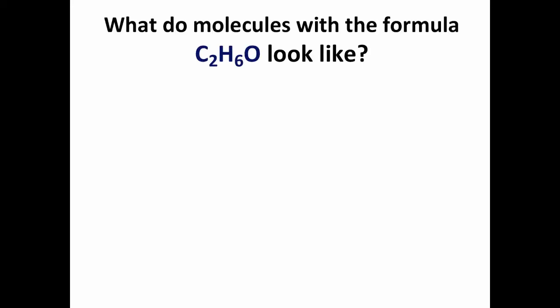Now, one other thing worth noting is, what would you do if you were given the question, what do molecules with the formula C2H6O look like? Well, you know they're going to have 2 carbon atoms, 6 hydrogen atoms, and an oxygen atom. And if you were told that carbon always makes 4 bonds, hydrogen always makes 1 bond, and oxygen always makes 2 bonds, you would probably end up putting these atoms together and coming up with something like that.